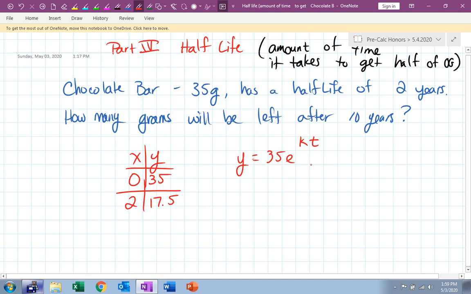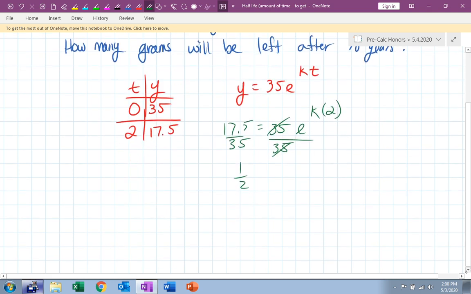Okay, and I guess, again, this really shouldn't be x, this should be t. So to figure out what k is, I plug in 17.5 is 35e to the k times 2 in this case. Divide both sides by 35, and I get 1/2, which, hey, I'm dealing with a half-life problem.